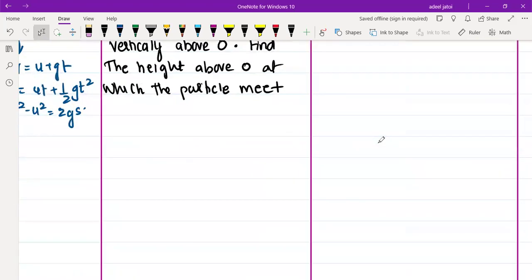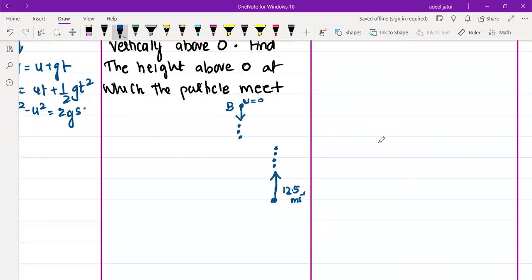Say a particle goes upwards with 12.5 speed, and one particle is released from rest. Obviously its initial speed is zero, but it is moving downwards.